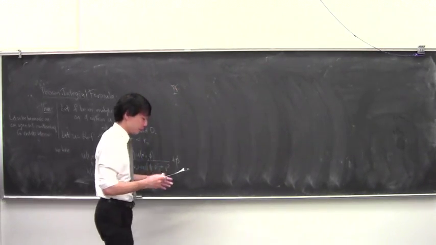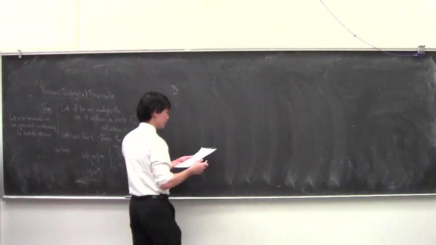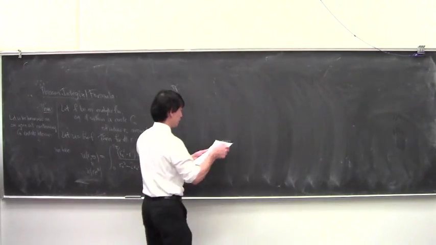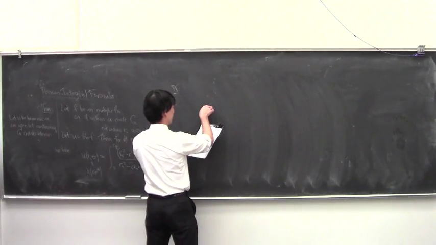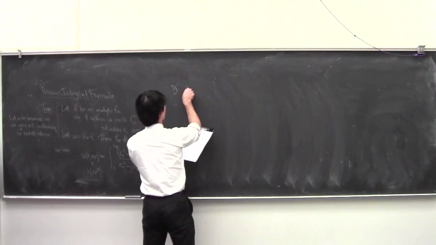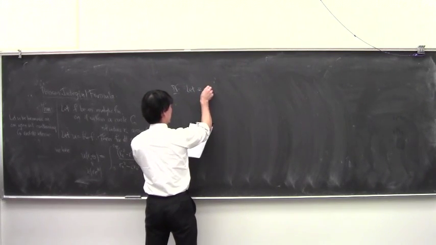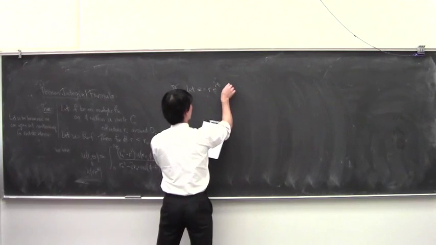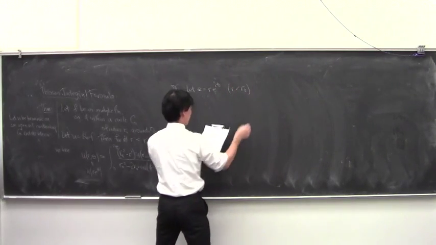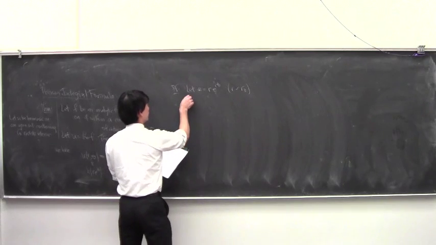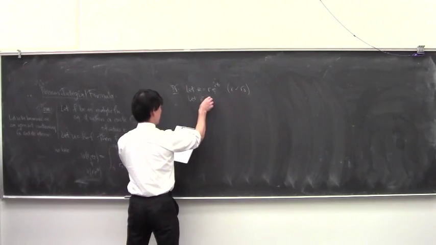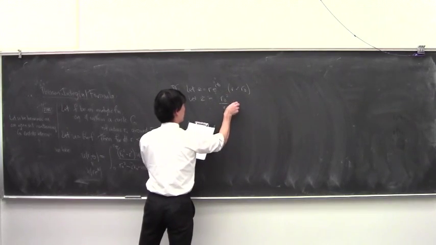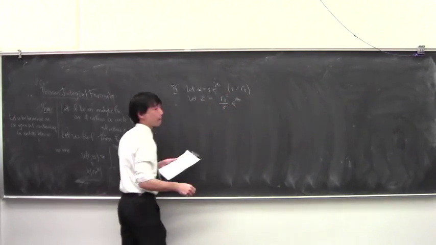Like I said, this is going to be a consequence of the Cauchy integral formula. It's basically like a polar coordinate form of Cauchy's integral formula. So let Z be R e to the I theta, where R is less than R naught, and let Z tilde be R naught squared over R e to the I theta.